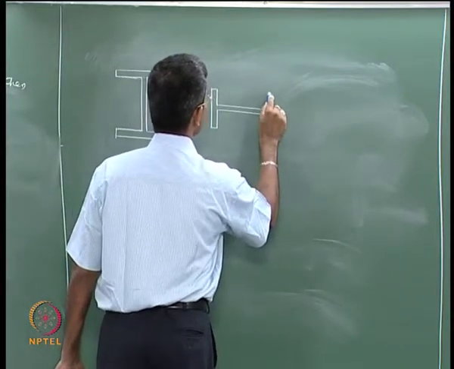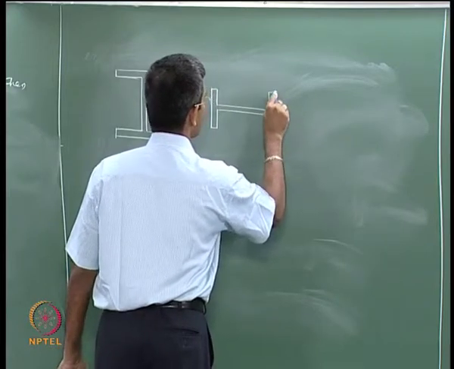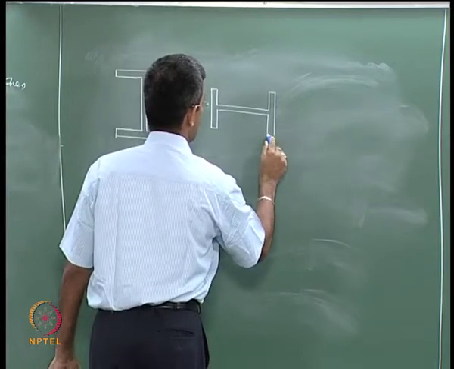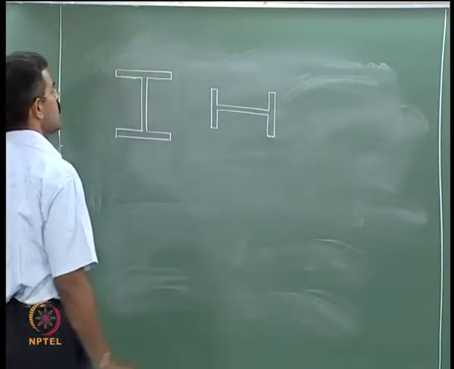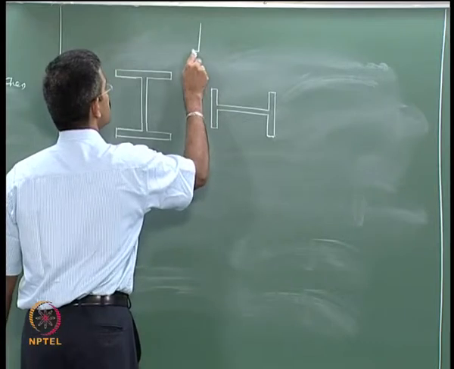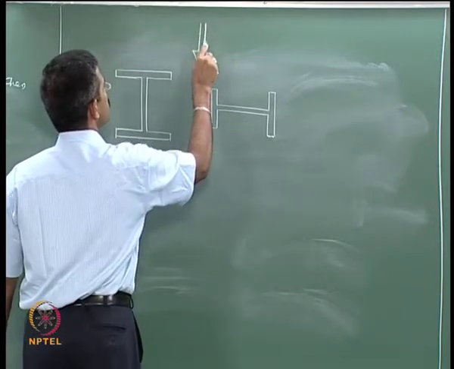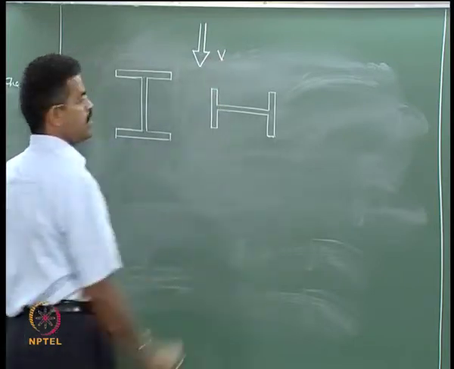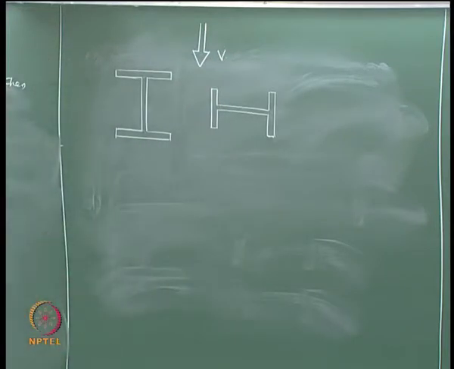The section is kept like this, it is placed orthogonal to the previous one, and this is my direction of the shear force. This is where my V is acting, that is the direction of the shear force.